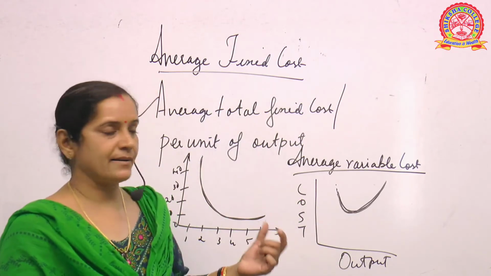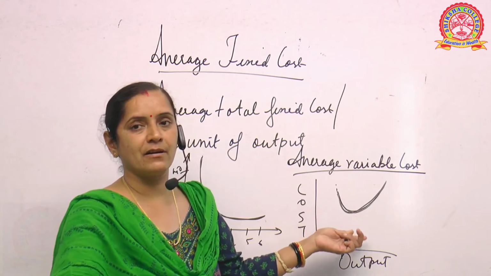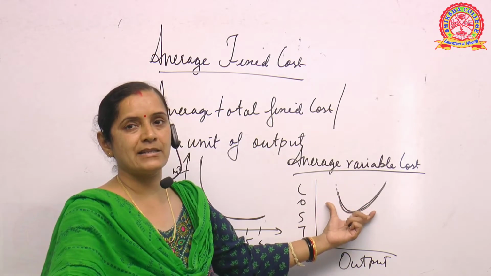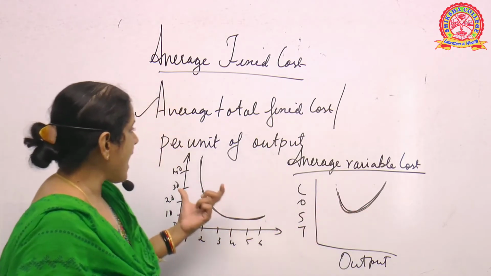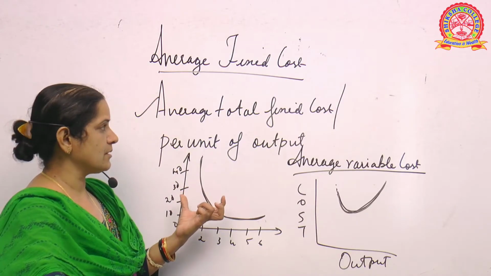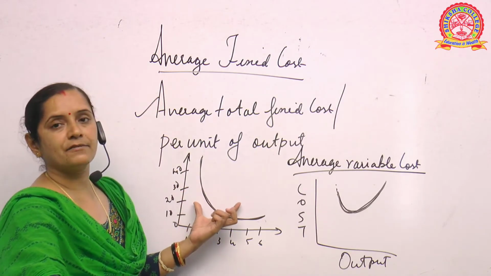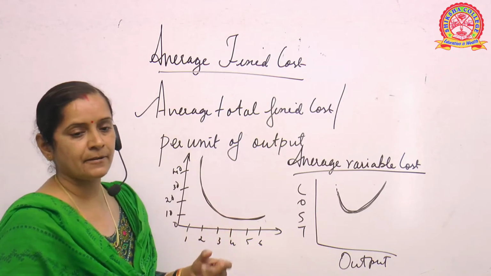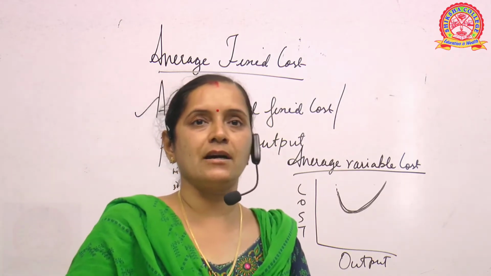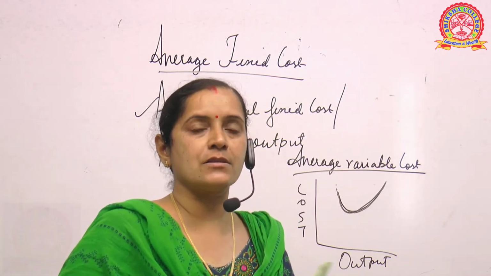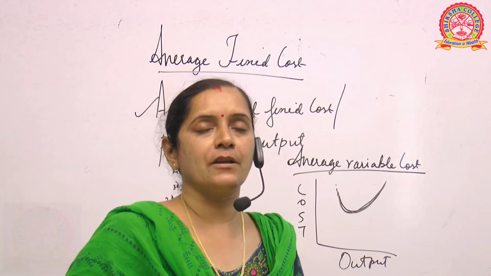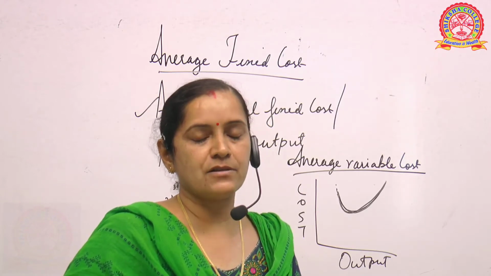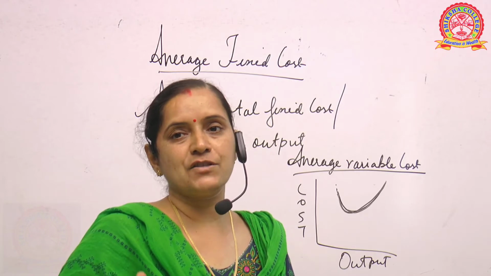So when we try to identify in the form of a graph, the curve will be like this for average variable cost, and for your average fixed cost, the curve will be something like this. Is it clear? So these are your cost curves, that your total cost, variable cost, then your fixed cost, average fixed cost and your average variable cost.